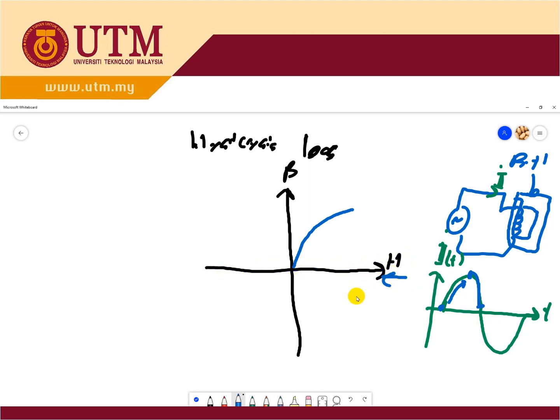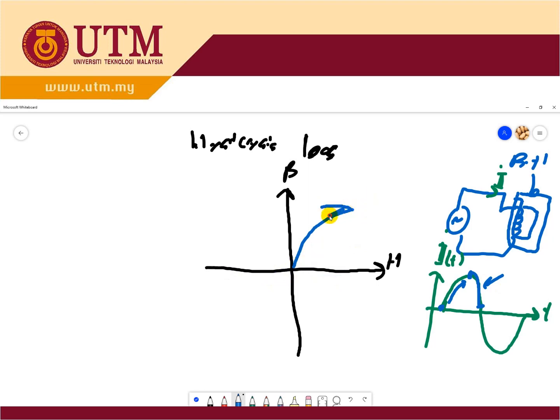When the current increases, H increases and moves in this direction. However, when H is at this point, the current at this point, H will move to this point.